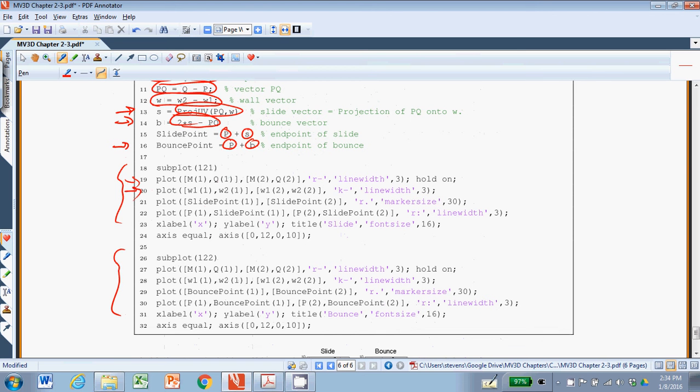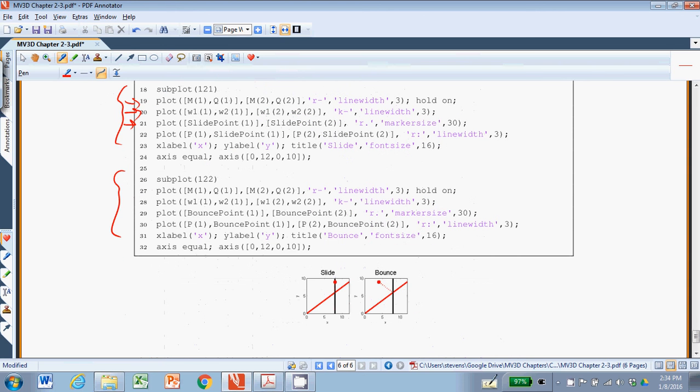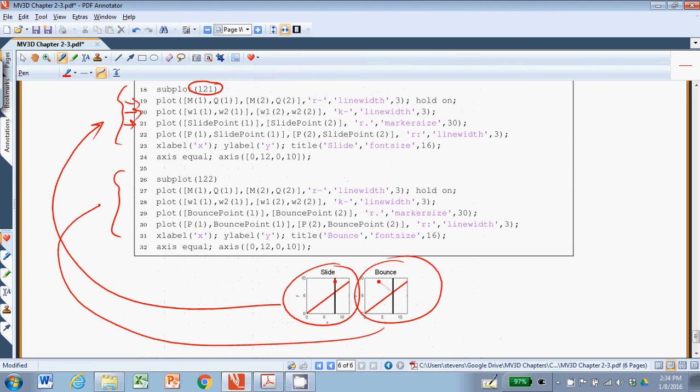That was the wall. This was the slide point. Basically this first subplot 1, 2, 1 is an array of plots, a 1 row by 2 column array of plots, the first one. That's produced by this sequence of commands, and this bounce plot is produced by this sequence of commands. This 19 just gives you that red line.